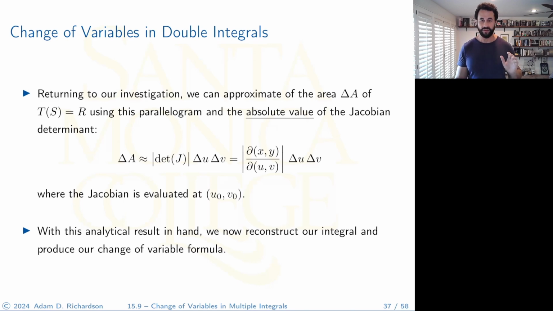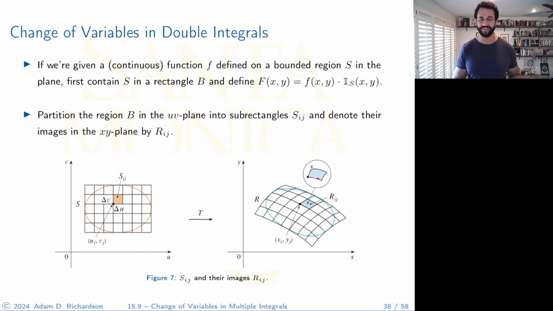Now, with this analytical result in hand, we can reconstruct our integral and get our change of variable formula. Ready? Broken record time. If we're given a continuous function f defined on a bounded region S in the plane, first we contain S in a rectangle B, and we define a function using an indicator function, where it says yes on the region and no if you're not on the region.